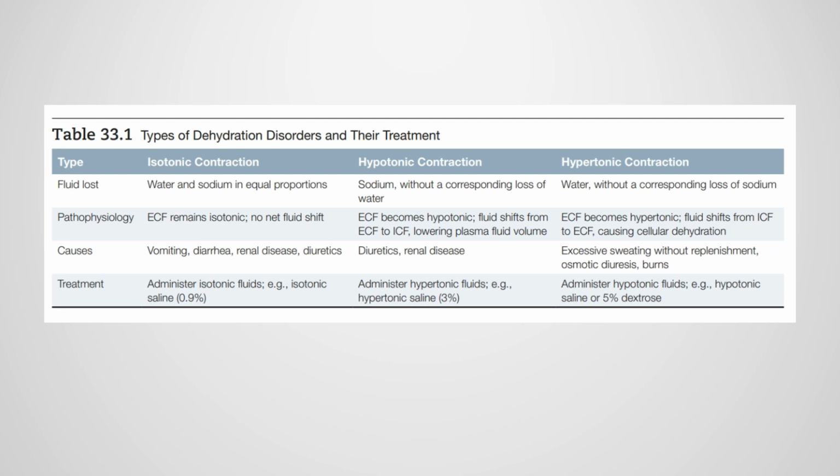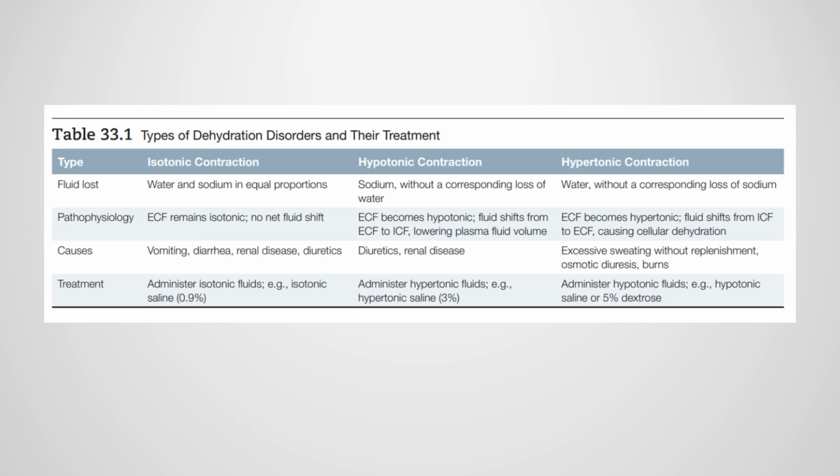Okay, so examples of this are often varying degrees of vomiting and diarrhea. Sometimes in certain renal diseases, or diuretics. Diuretics make you lose sodium, and you also lose water at the same time with diuretics working on the kidney.